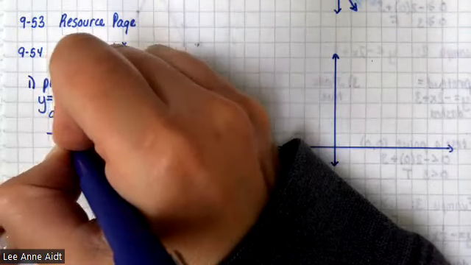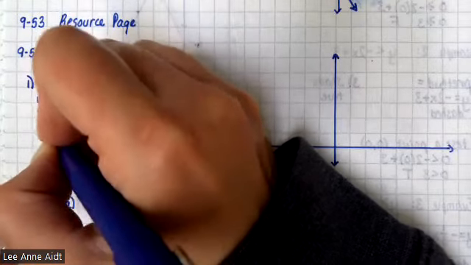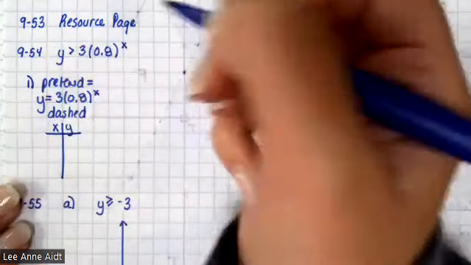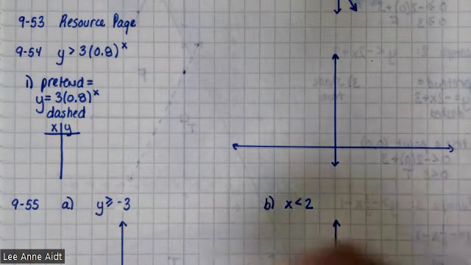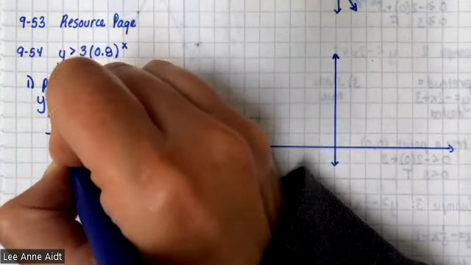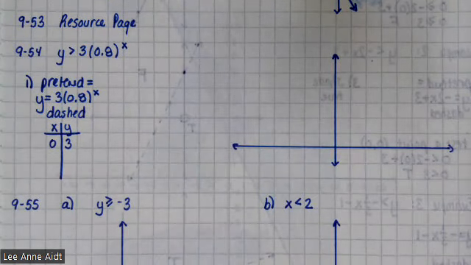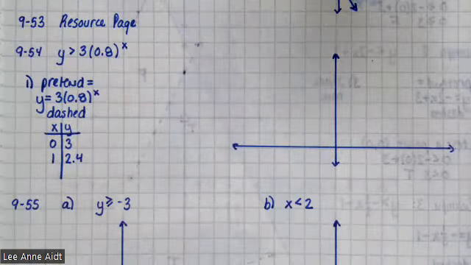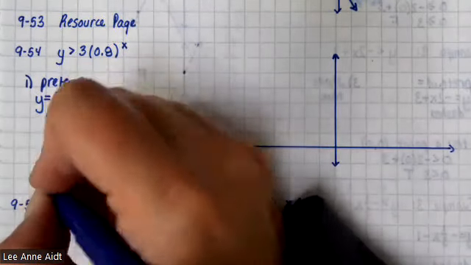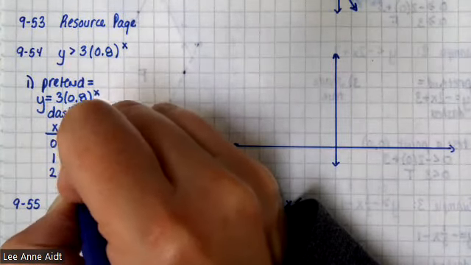Okay, to graph it, I'm just going to make a couple of spots on a table. I'm not going to do a big table, but I'm going to do a couple spots on my table. So I know that it will start at 3. And then times 0.8 is 2.4. Times 0.8 is 1.92.